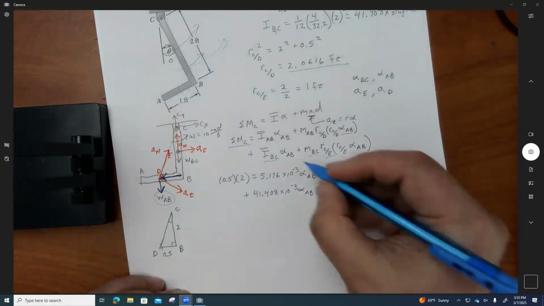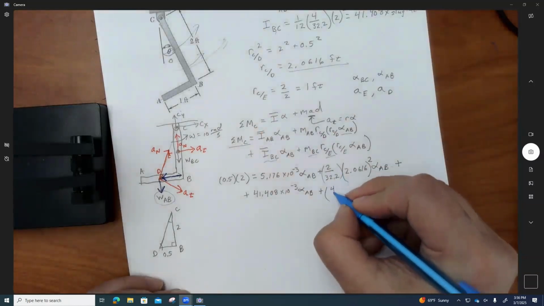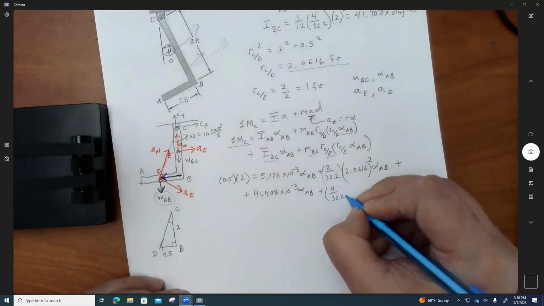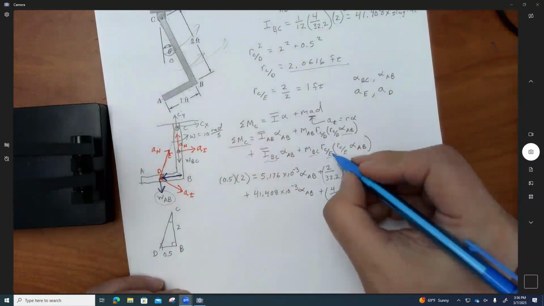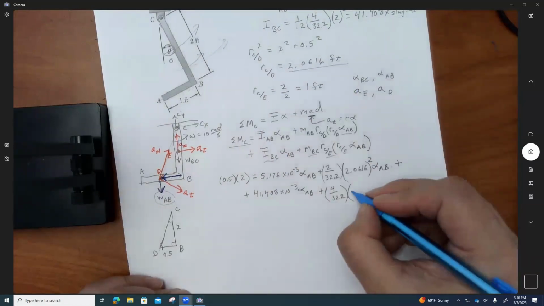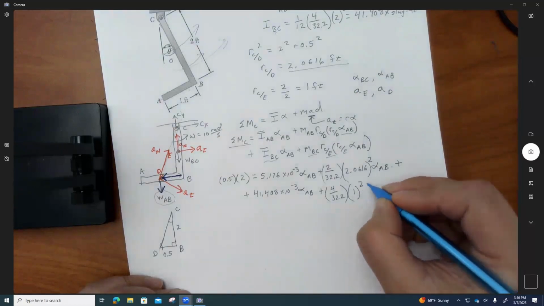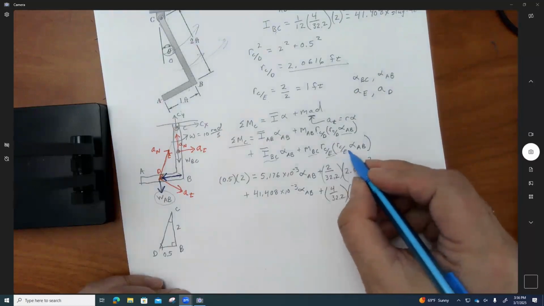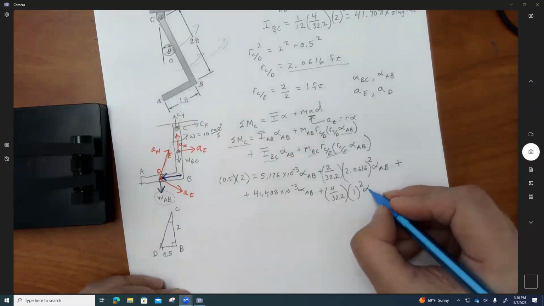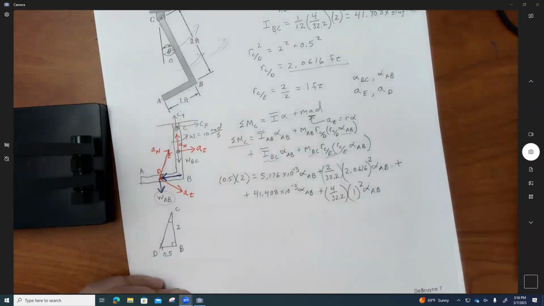Plus, we have a different weight, 4 pounds, divided by 32.2, multiplied by CE, which is 1, and it is squared, multiplied by alpha AB. Okay.